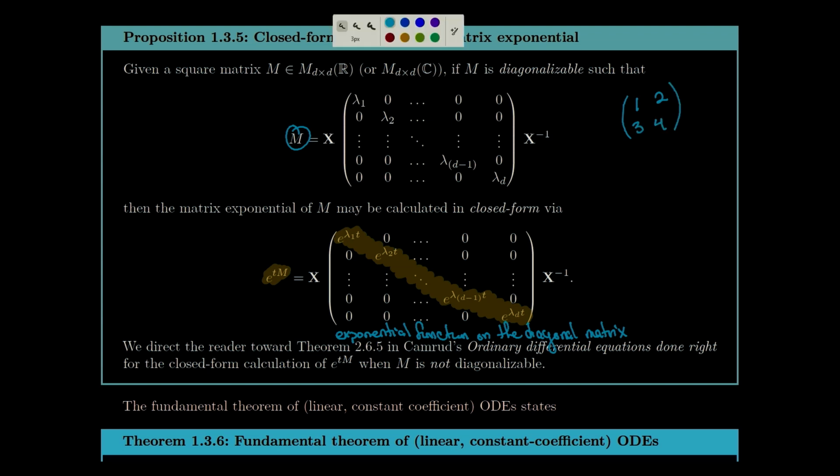M instead, if you've taken a linear algebra course, you know that this is possible, can be transformed to a diagonal matrix. So we call X and X inverse the transformation matrices. And what's in the middle is the diagonal matrix.